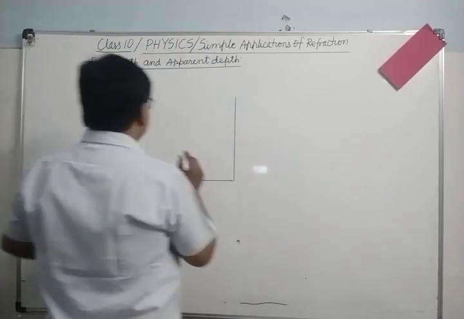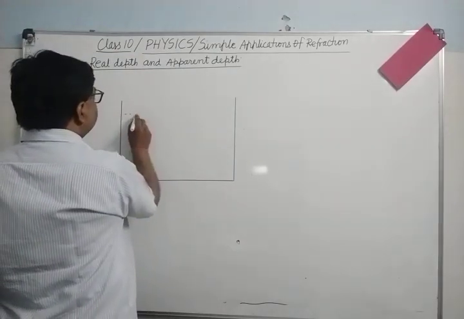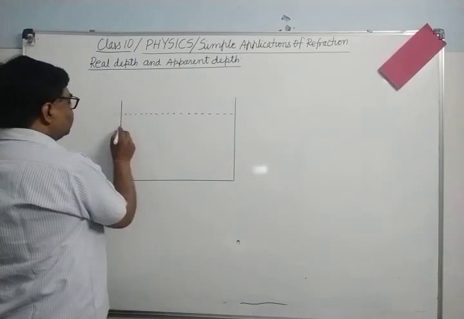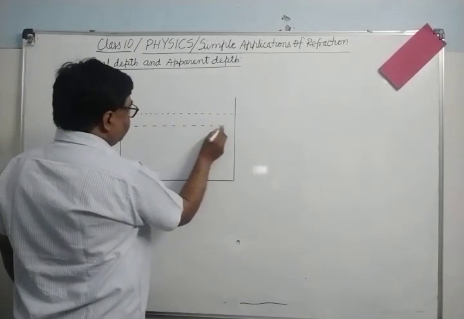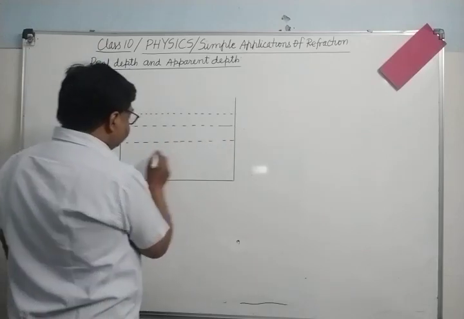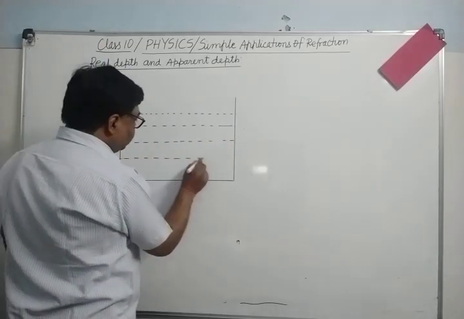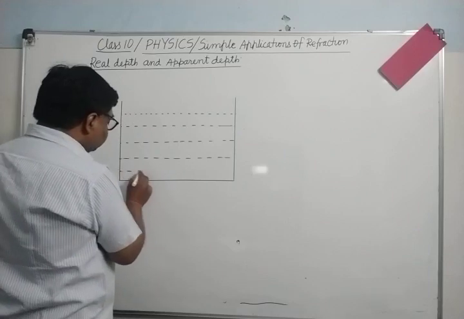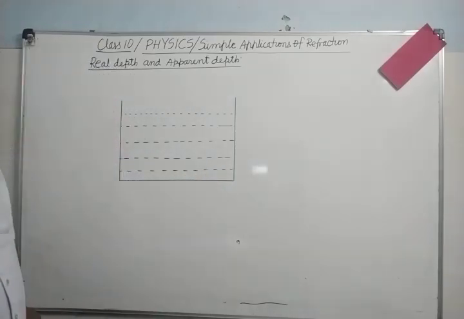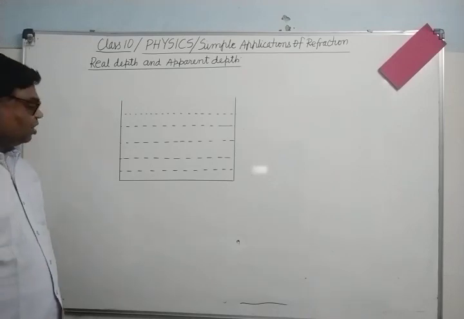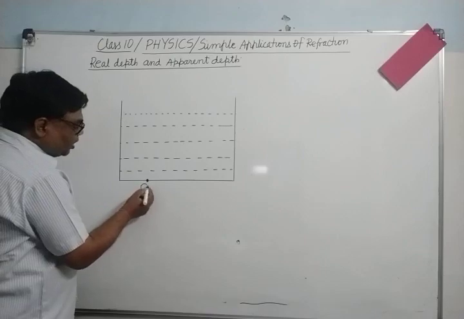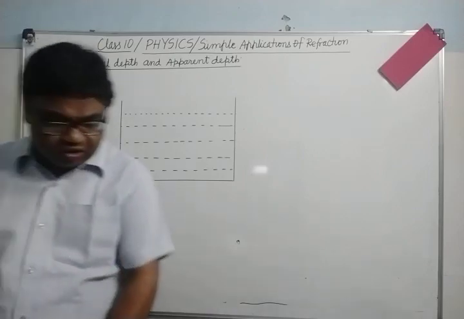Water is a transparent liquid, so we will take water. We will not take any translucent or opaque liquid, otherwise the bottom will not be visible to you. The coin dipped inside will not be visible if the liquid is opaque or translucent. Suppose there is an object kept here, you can name this object as O.